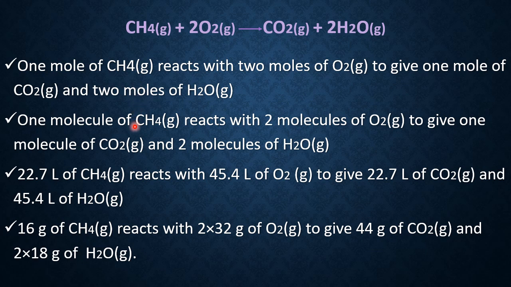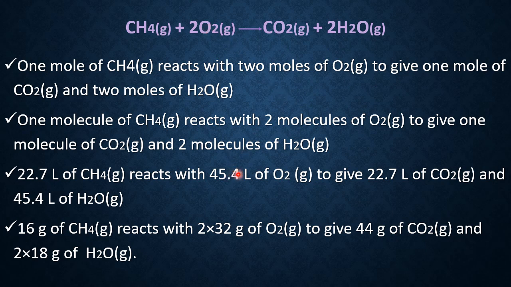Now he will tell us in terms of volume, because they are in the gaseous form. So 1 mole of any substance in gas form equals 22.4 liters, as per Avogadro's hypothesis. Here 22.7 is used; both are accepted. So 22.7 liters of methane reacts with 2 moles of oxygen, that is 22.7 into 2.